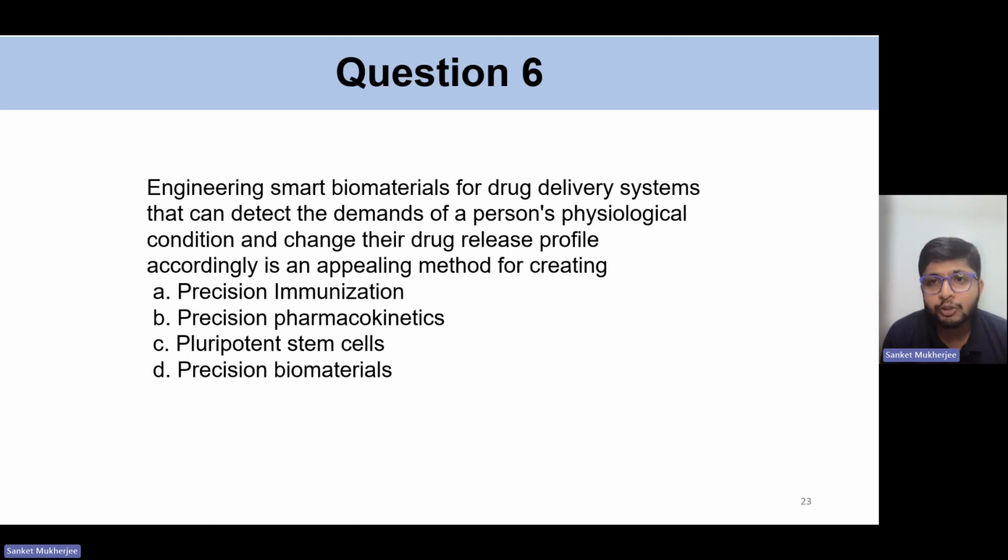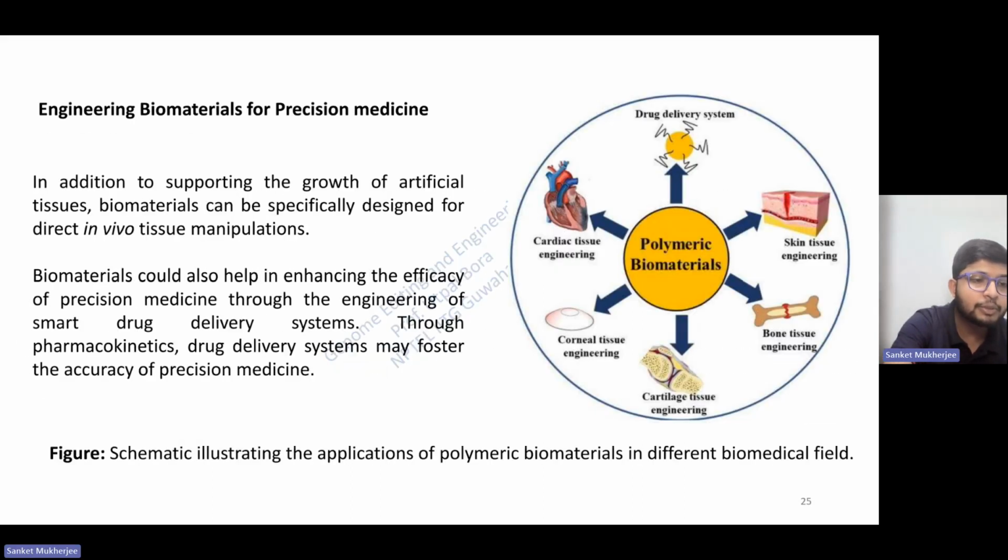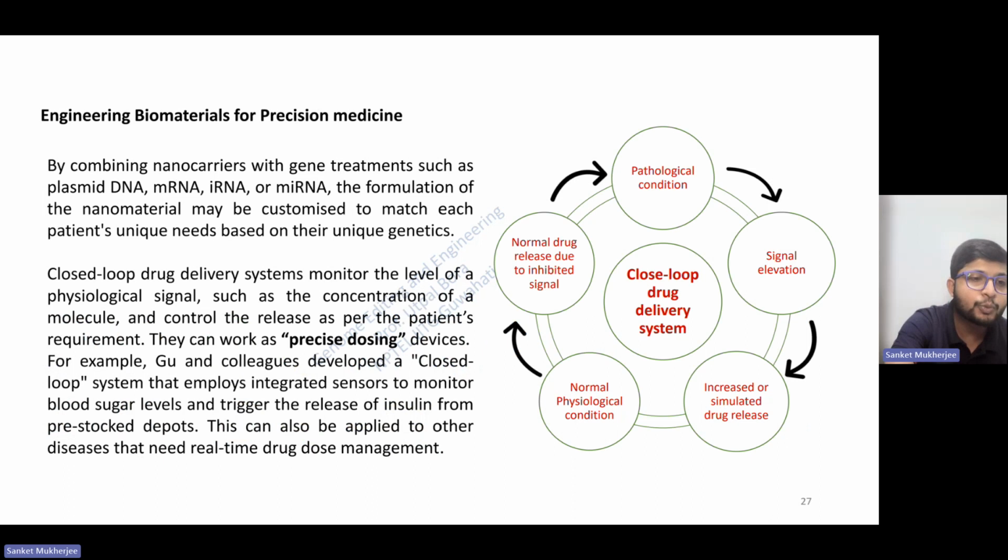Coming to the next question, engineering smart biomaterials for drug delivery systems that can detect the demands of a person's physiological condition and change their drug release profile accordingly is an appealing method for creating precision pharmacokinetics. That's the answer. We discussed pharmacokinetics as well.